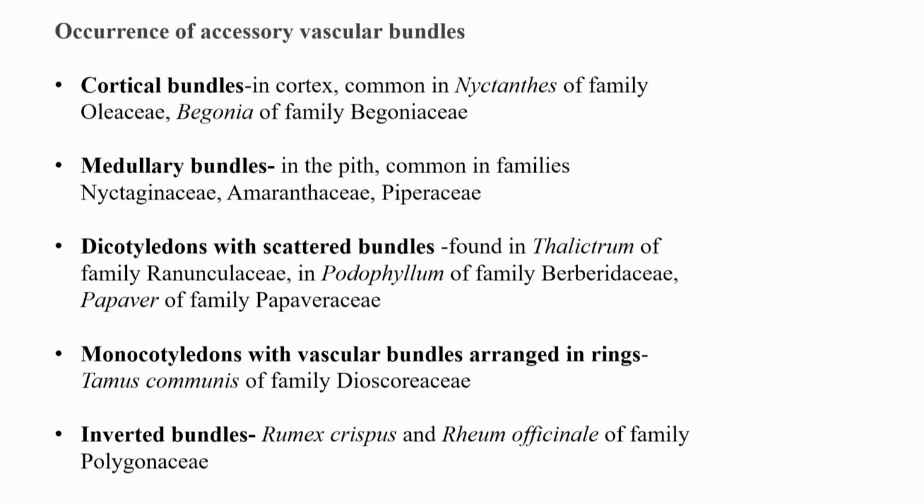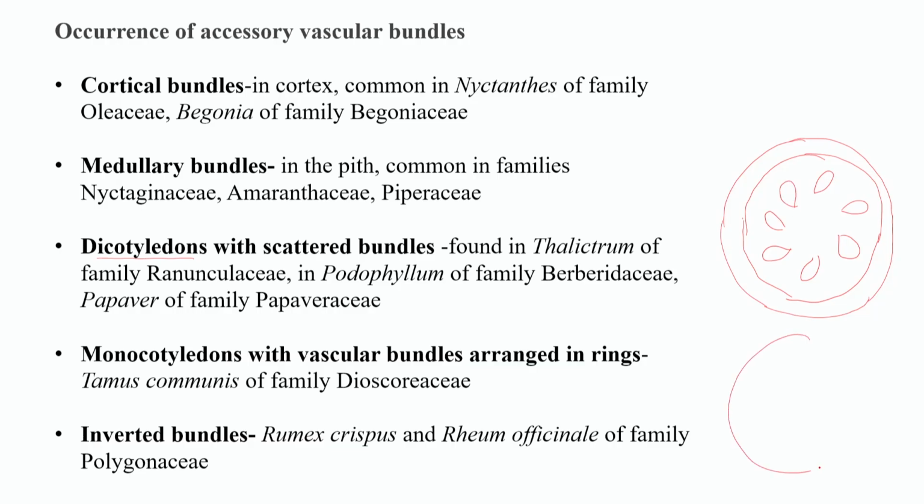Apart from that, there could be many things also. In dicot, normally we know that the vascular bundles are arranged in the form of a ring. Suppose this is the epidermis and then you have cortex, and then a lot of vascular bundles arranged in the form of a ring.